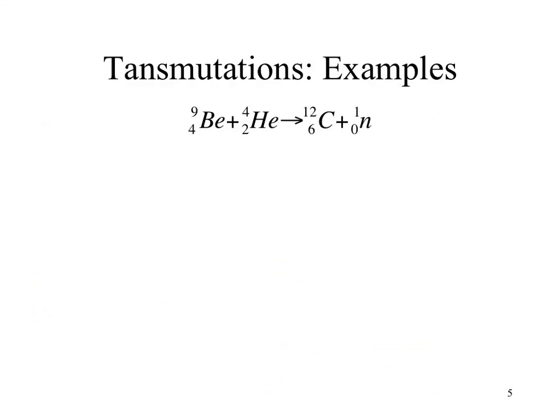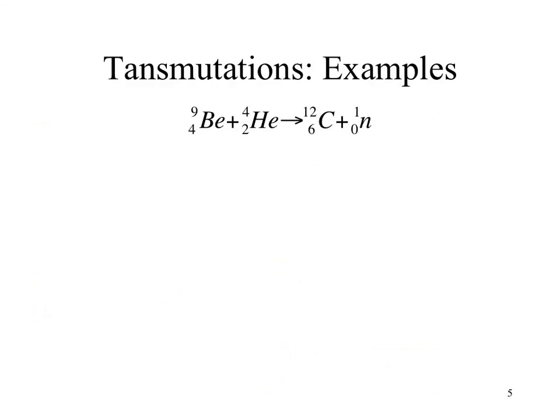So when we look at transmutations, we can take a look at smashing two different atoms against each other. In this case, we can take a beryllium nucleus and a helium nucleus, and if we're lucky, when we smash them together, we generate some products. One of those products happens to be a carbon nucleus, and we also generate a free neutron. Okay? So all we're trying to do is say, okay, we take these two elements, what can happen, or what breaks off?